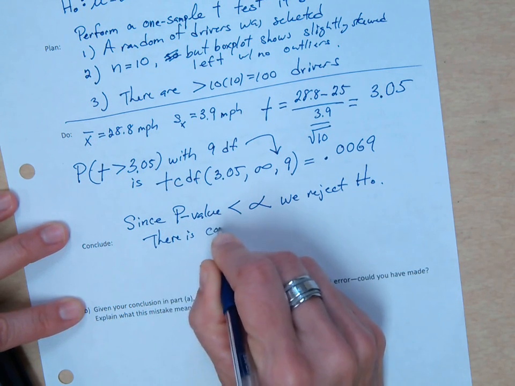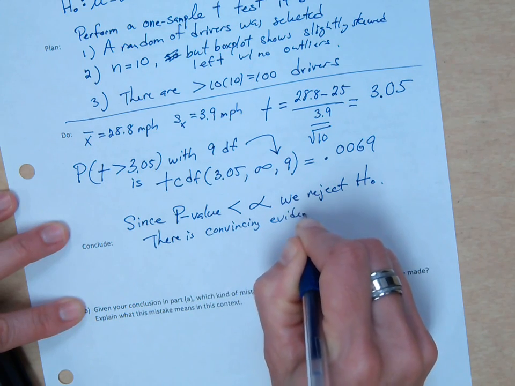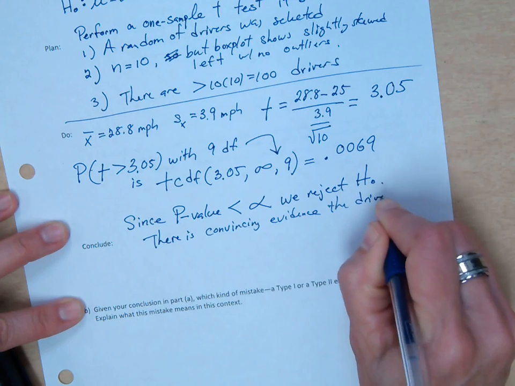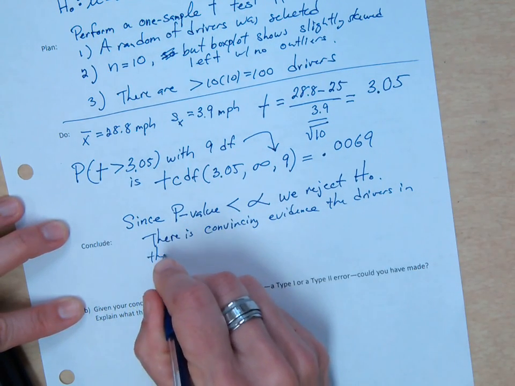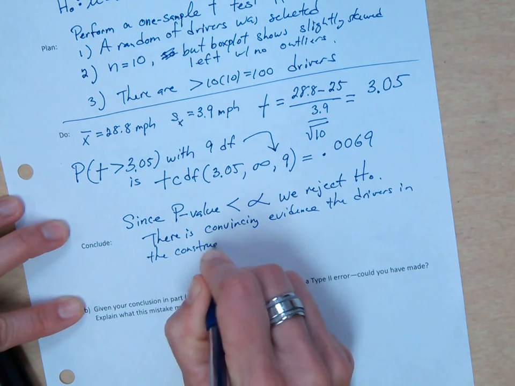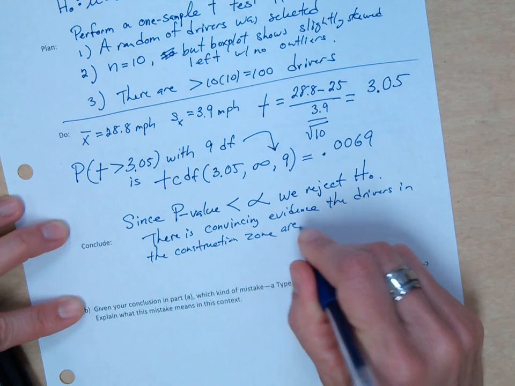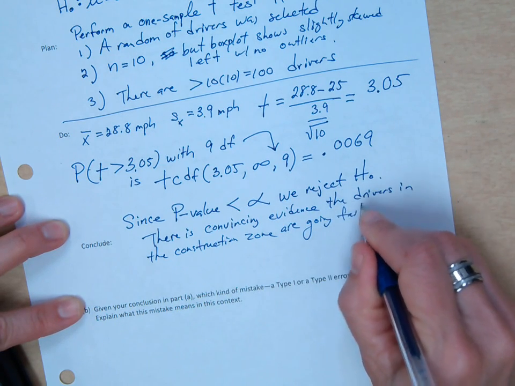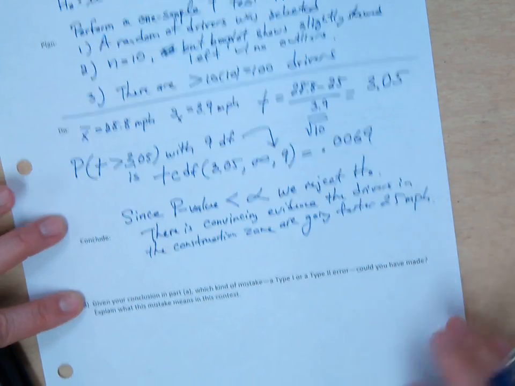There is convincing evidence that the drivers in the construction zone are going faster than 25 miles per hour. The conclusion is very important.